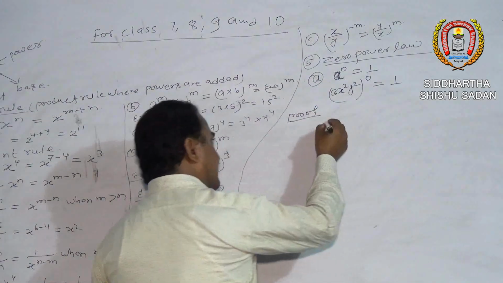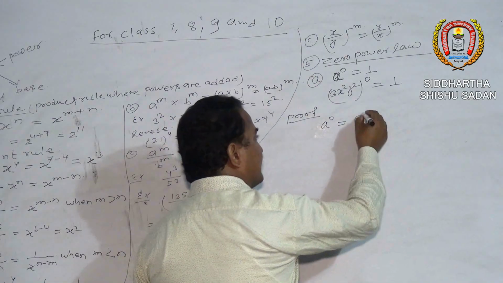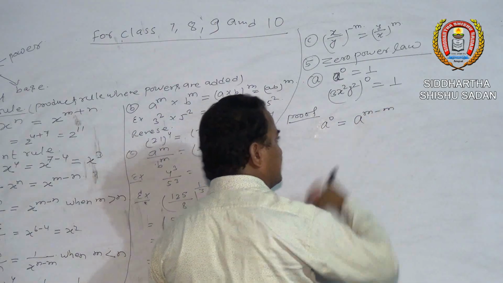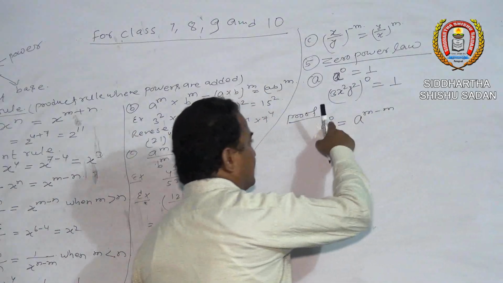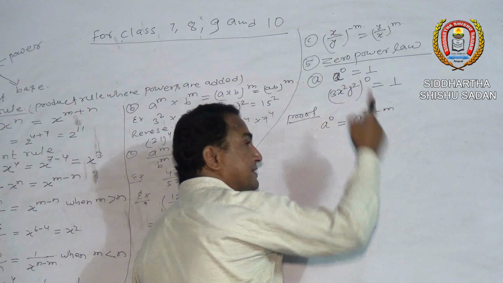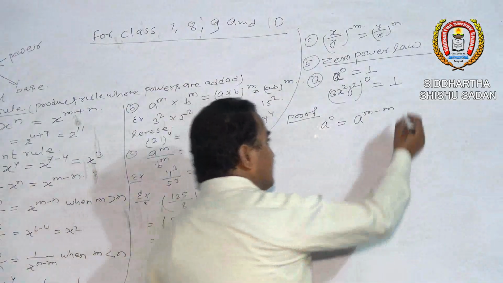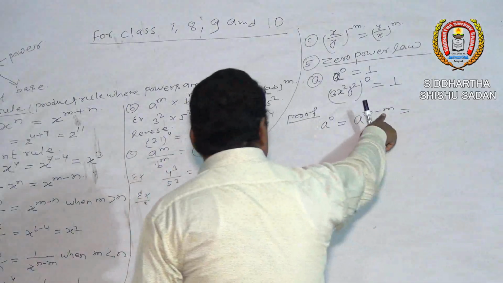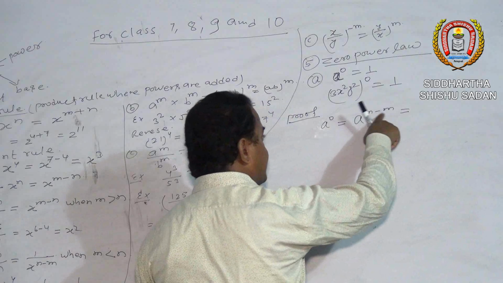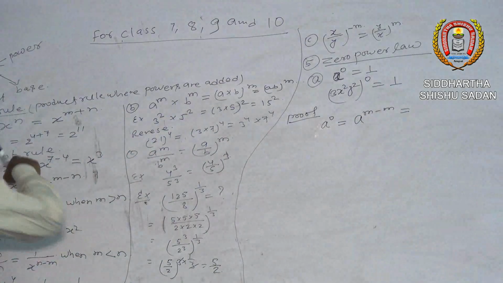Proof means a to the power 0 is equal to a to the power m minus m, and m minus m is equal to 0. Here we can put any variable, any number. Look here, the power is in subtraction form, so in that condition, we have to change it into the quotient rule.